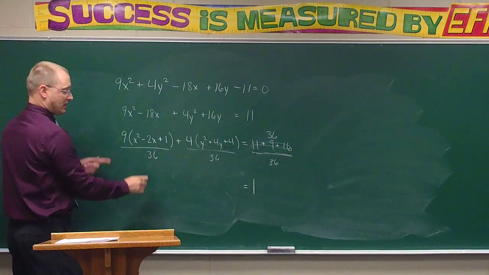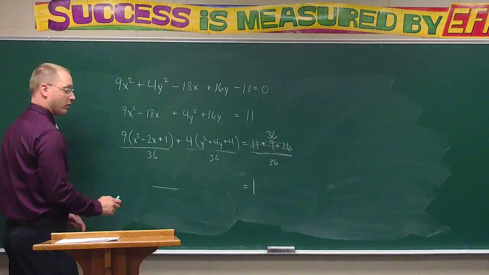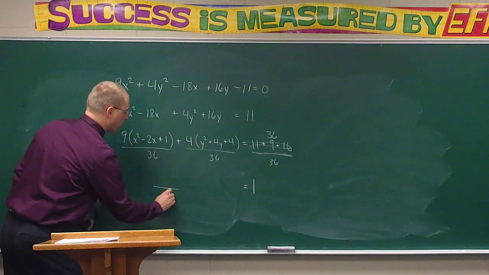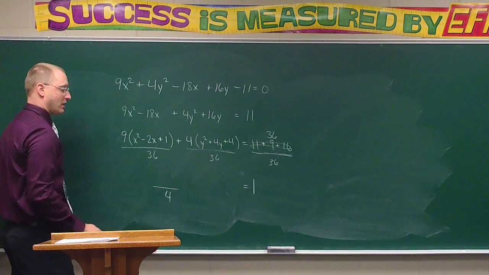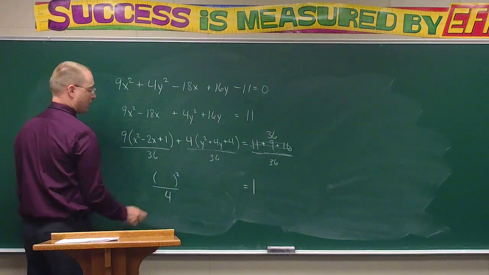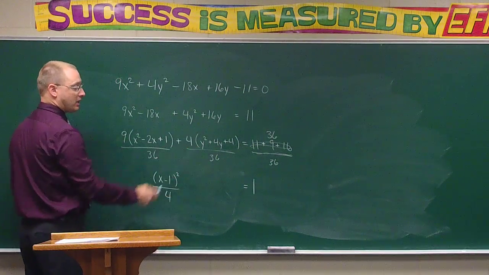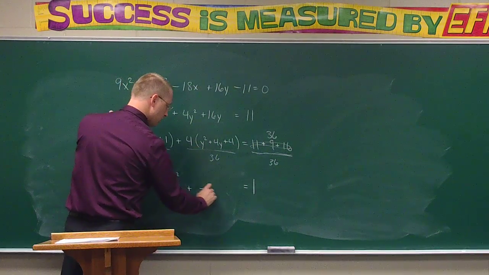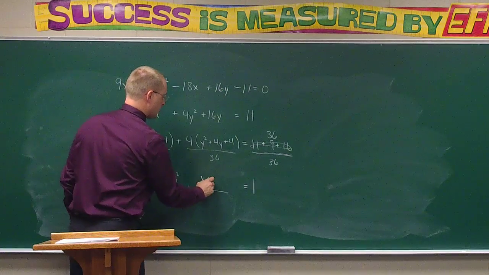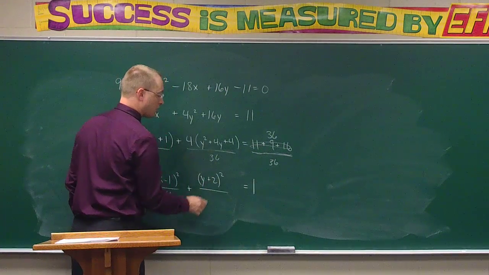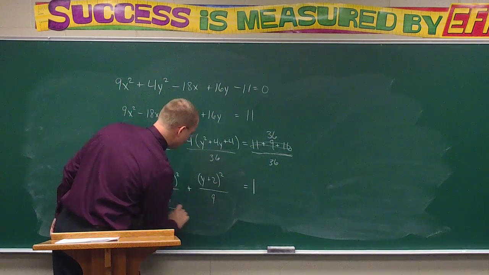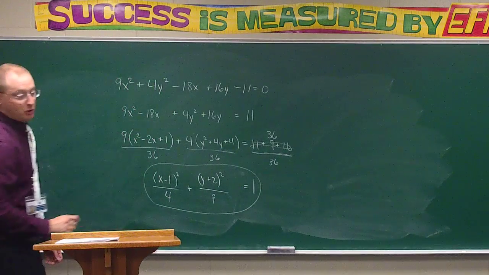Here, the 9 and 36 cancel to give me a denominator of 4. But instead of writing the PST, I'm going to write it as a binomial squared. X minus 1 squared over 4. And then right here, Y plus 2 squared over 9. You said 9? And there's my elliptical form.